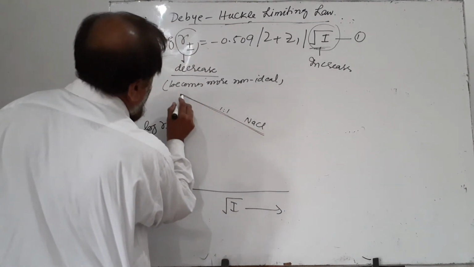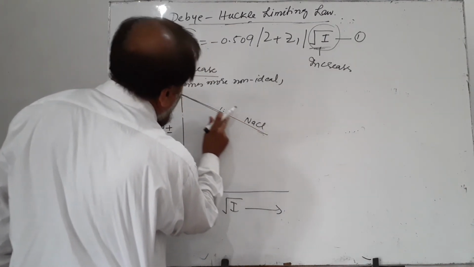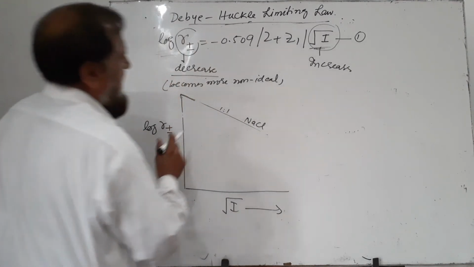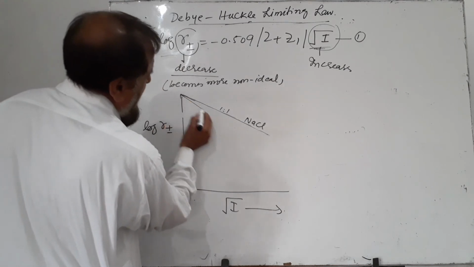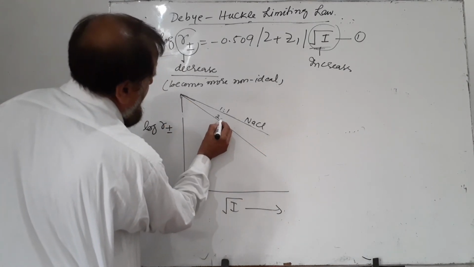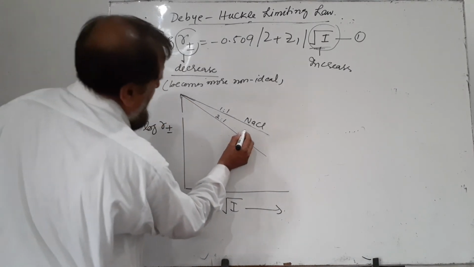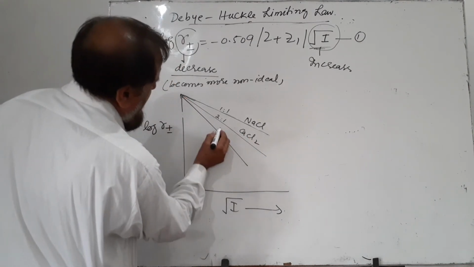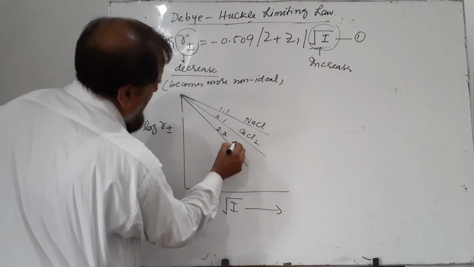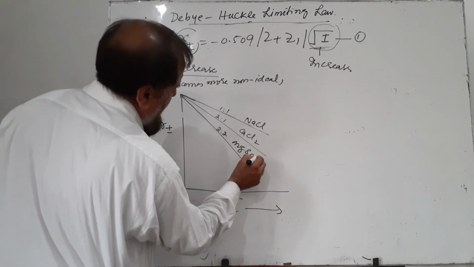We know that as charges on the ions increase, activity coefficient decreases. For a 2,1 electrolyte, for example calcium chloride, we will have this graph. And for a 2,2 electrolyte, such as magnesium sulfate, we have this graph.